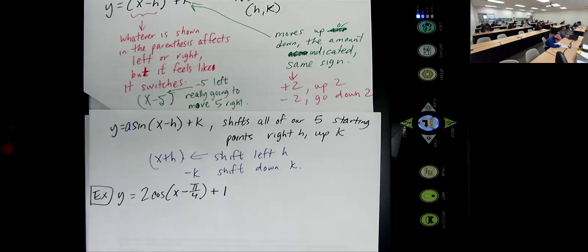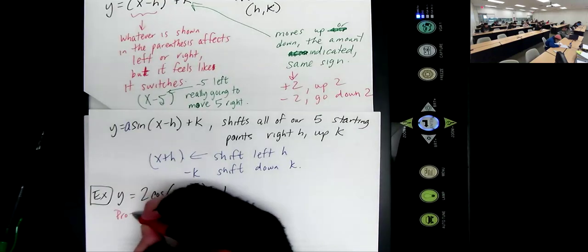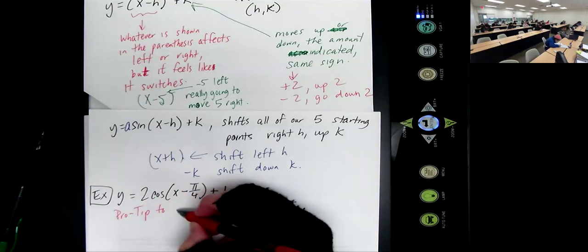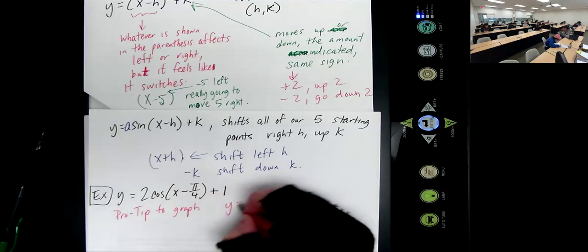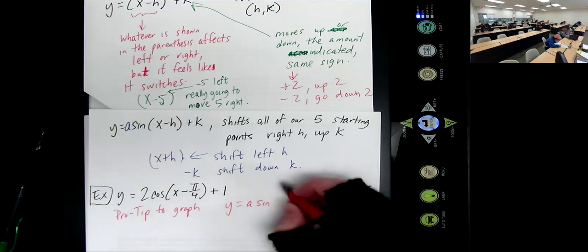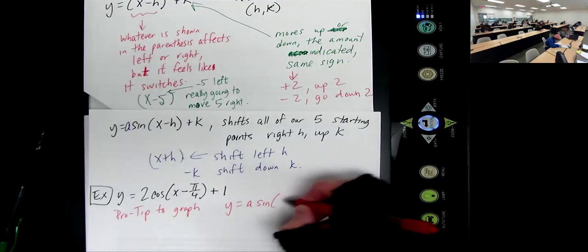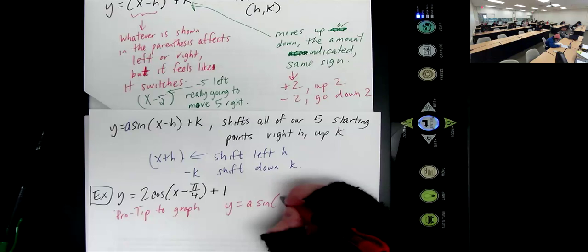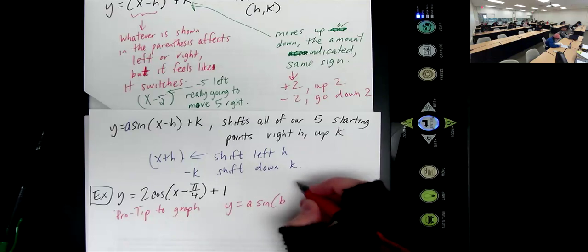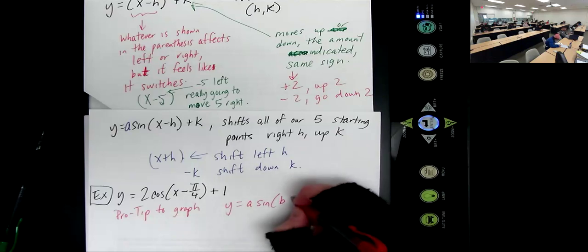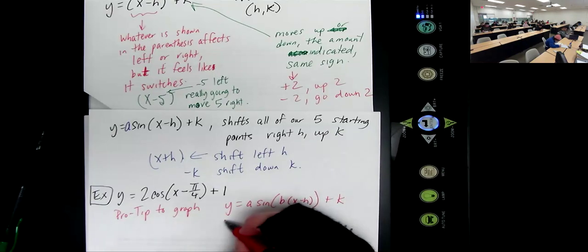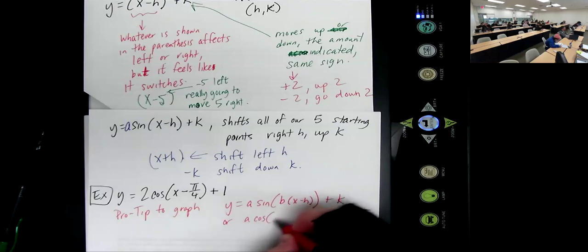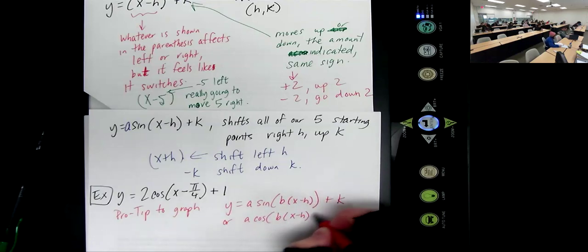Now, my pro tip to graph. We have y equals a sine b, I'm gonna say x minus h right now, or a cosine b x minus h plus k.